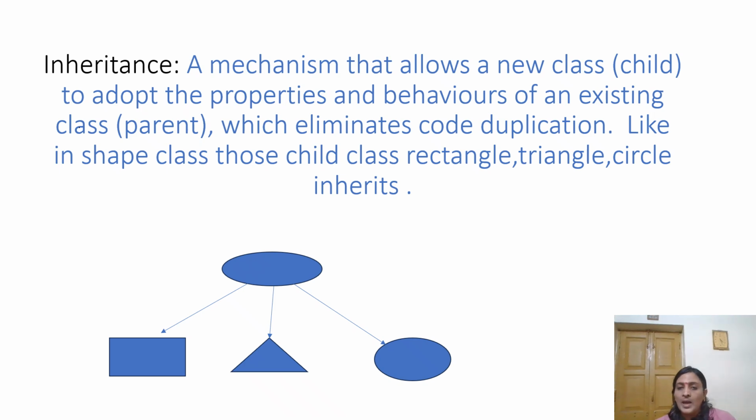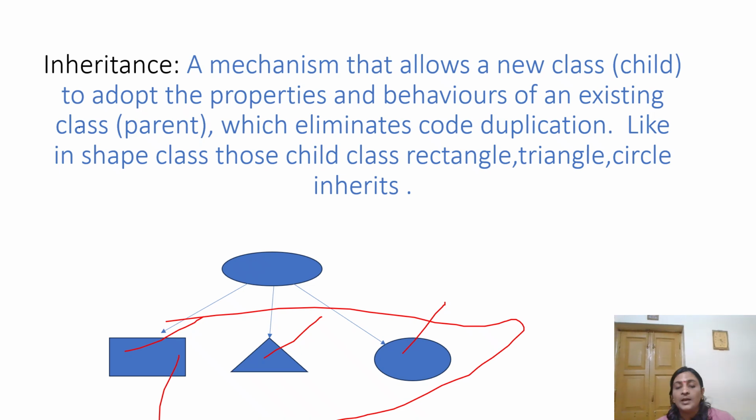If we have a class like shape and it has three other classes, rectangle, triangle and circle, these three classes are called the child classes of the parent class shape. It means the attributes and behavior that belong to the shape class can all be accessed by these three classes.